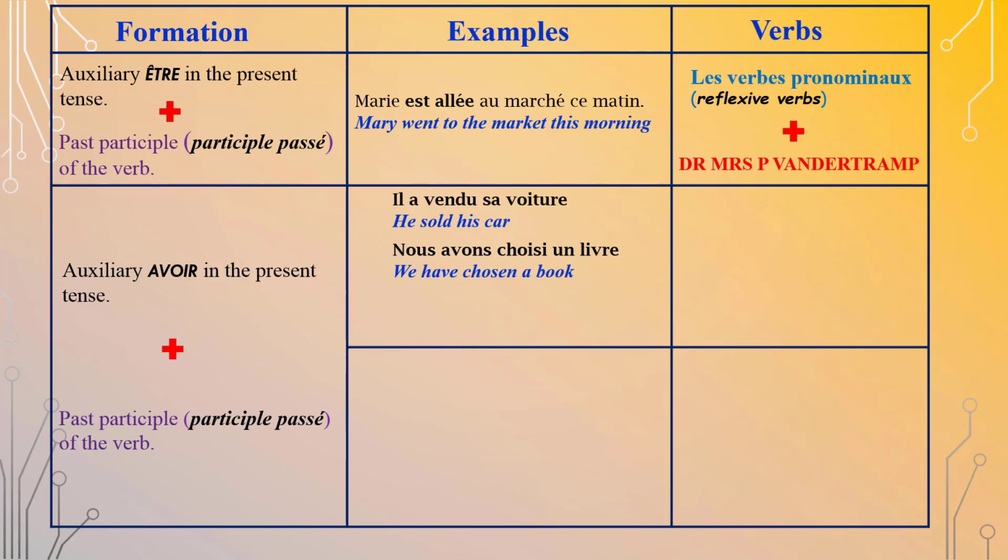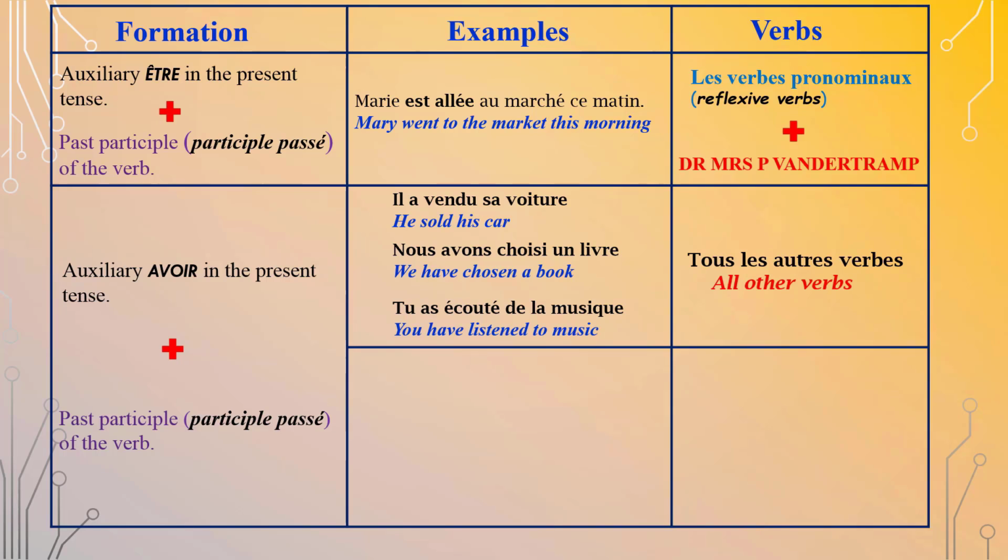Nous avons choisi un livre. Tu as écouté de la musique. So all other verbs. J'ai monté les valises facilement.